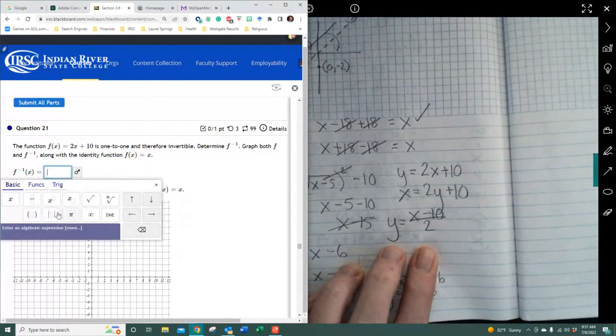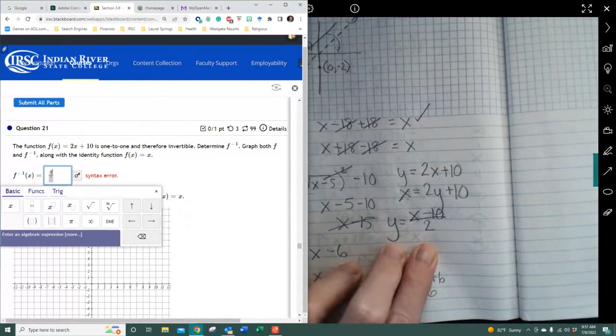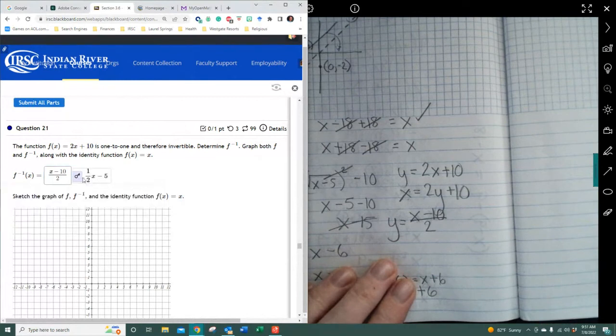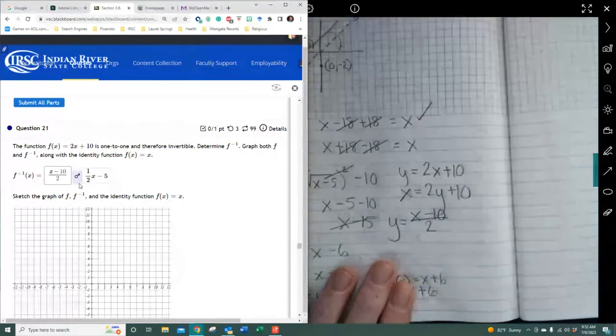So I would put the answer in as x minus 10 over 2. They have it as this. It should receive this as the answer, and I'm curious as to whether or not they do. They should, because it's in fact the same thing as this.